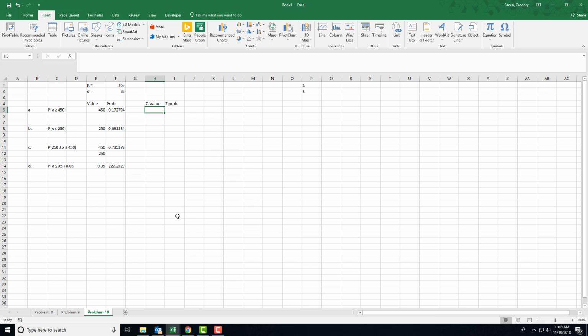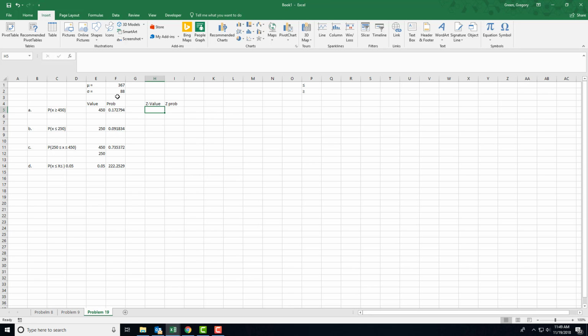One thing that we really like about the normal distribution is that it is very malleable, meaning I can take any distribution, including this one centered at 367 with a standard deviation of 88, and I can transform it to something called a standard normal distribution.